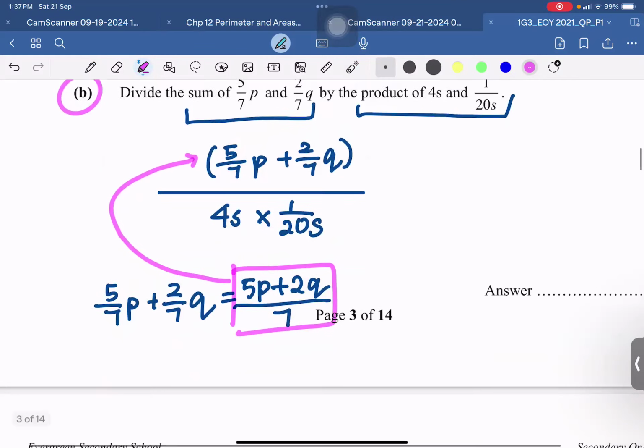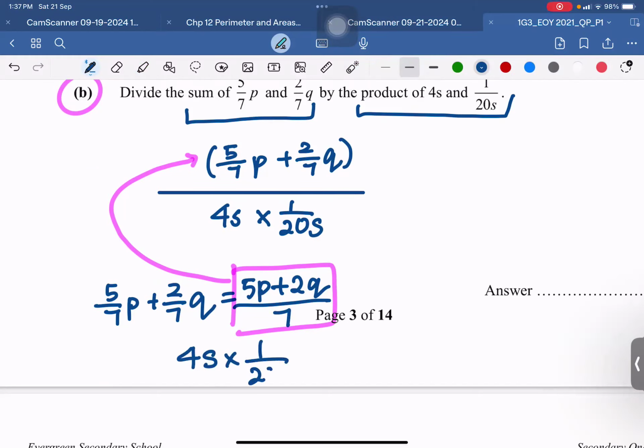Next, let's simplify the denominator. It says 4s times 1 over 20s. In this case, we can take a look at the common factors on top and bottom. The letter s can cancel away. What is 4 over 20? That will give me 1 over 5.